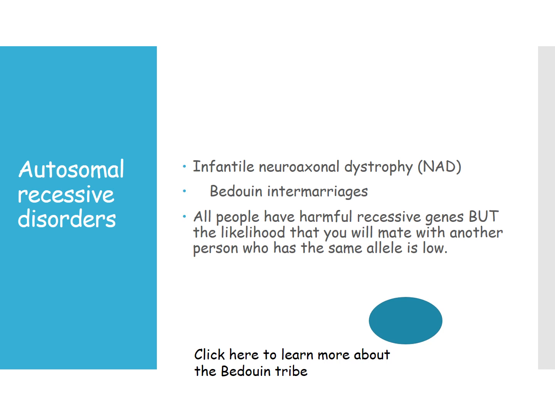All individuals have harmful recessive alleles, but the chance of you passing it on to your children is very low because your partner would have to carry the same recessive allele. But when individuals have the same grandparent or great-grandparent, there is a chance that both of you inherited the same recessive allele.